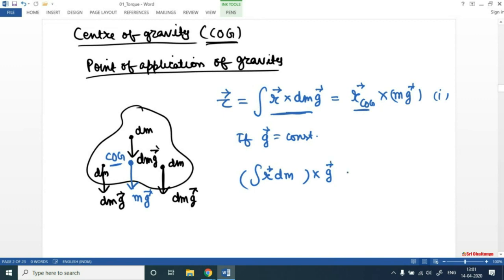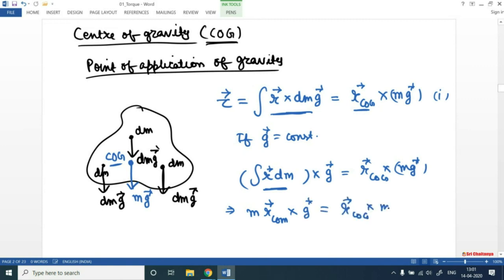We can take this g out of the integration sign, and that would be simply equal to r cog cross mg. Now this quantity, in the previous chapter of center of mass, we have defined the position of center of mass. So this thing inside the bracket is nothing but m r com, cross g, and that would be equal to r cog cross mg.